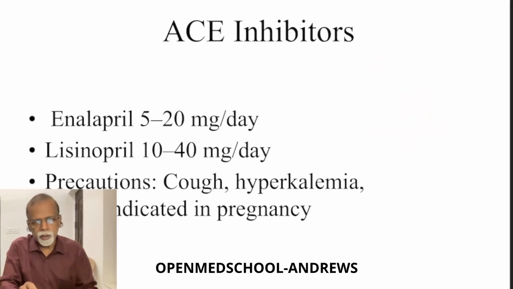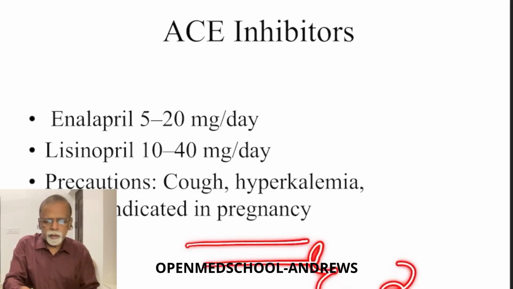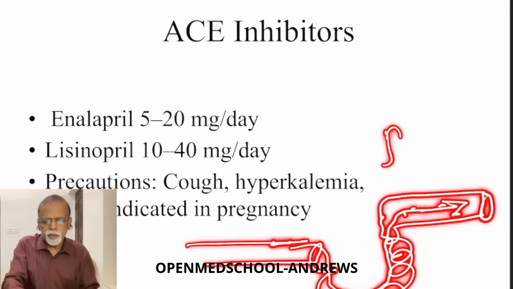Why does this produce a rise in creatinine? Because, as we know, ACE inhibitors and ARBs produce vasodilation in the efferent arterioles. So what will happen when the efferent arteriole is dilated and the afferent is not dilated? The flow of blood through the glomerulus will be easy, that is, the perfusion pressure decreases.